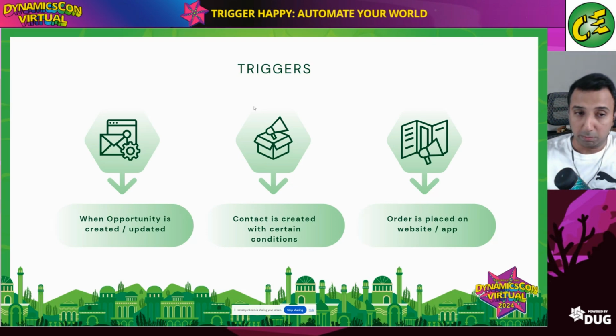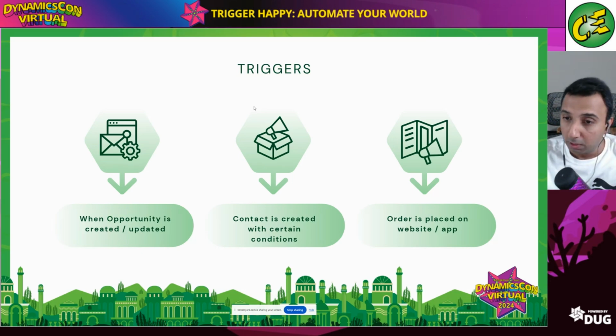These are three different examples. When an opportunity is created, send out an email notification. When a contact is created under certain conditions, for example, if the contact is created having a credit limit of $1,000, yes, send them this marketing, like notifications or alerts. We can also integrate triggers, or Dynamics marketing triggers, with our own custom website as well.